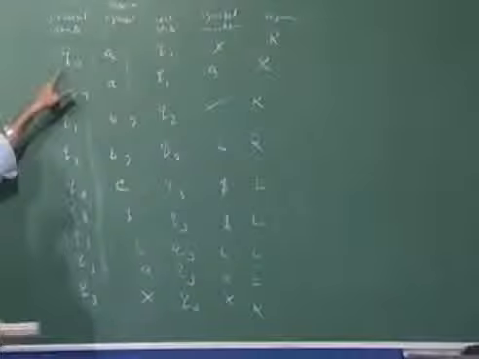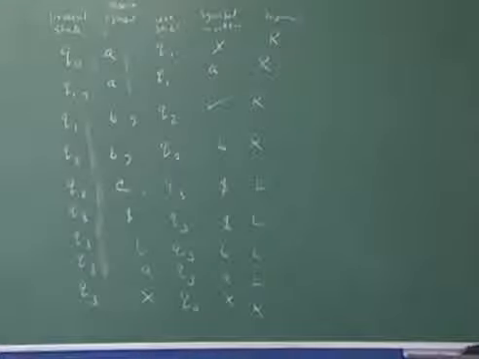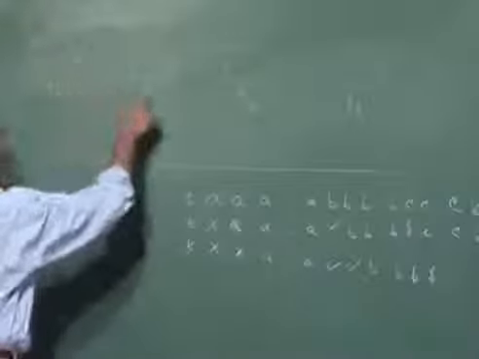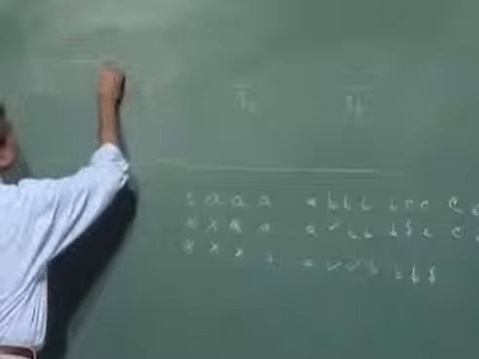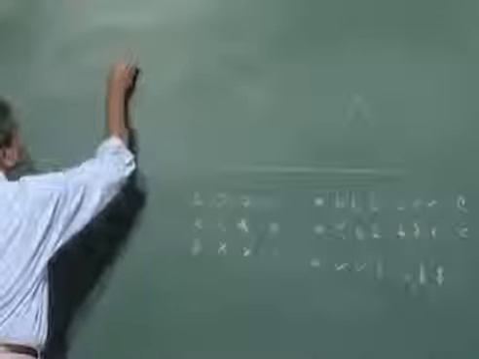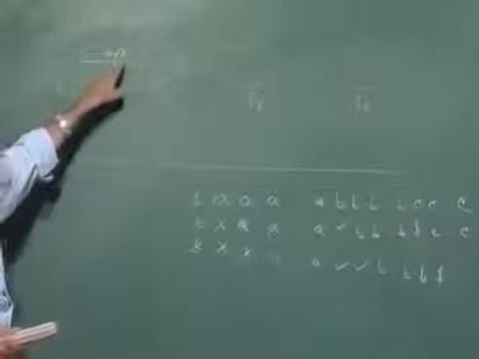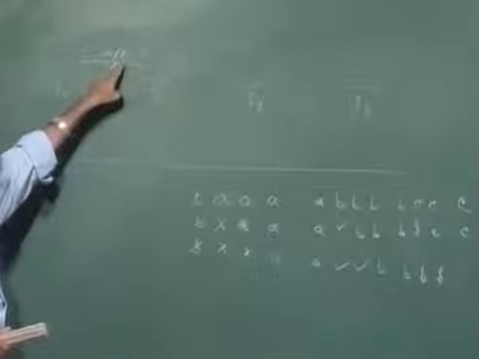In Q0, if you see a symbol A, you put a cross and go to state Q1. So, it is like this. This will be our convention, that A cross. That means, in Q0, if I see an A, then the symbol that I write is cross and then move to state Q1. However, where is the direction?